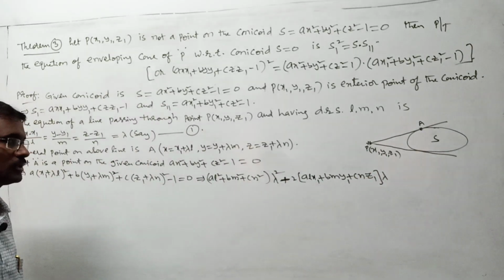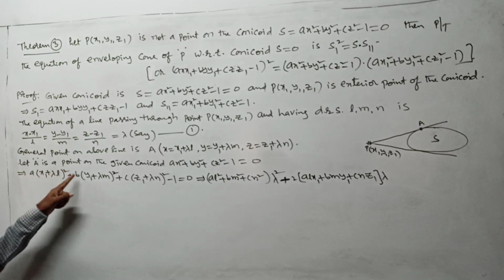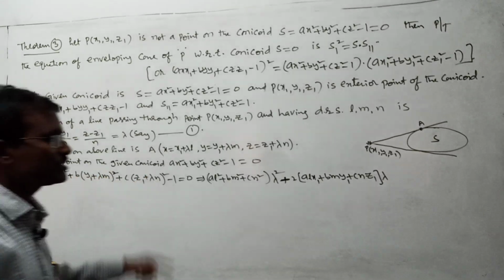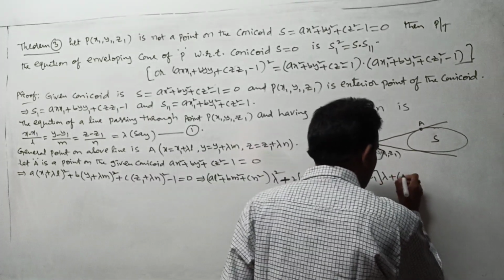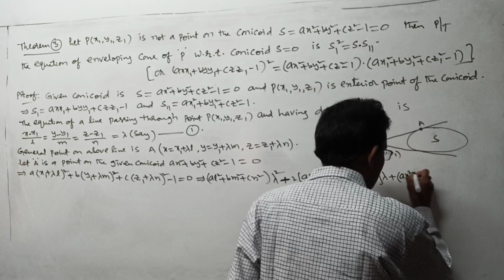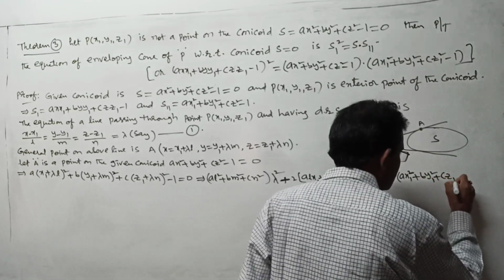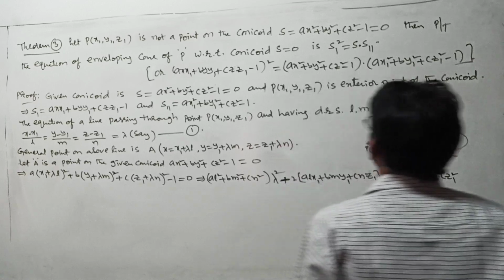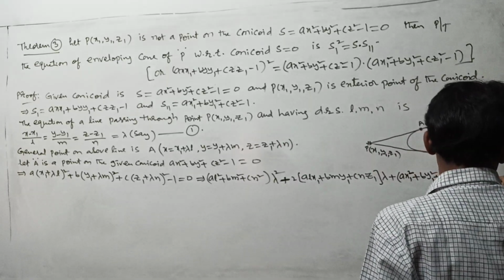Next, the term free from lambda: a x1 square plus b y1 square plus c z1 square minus 1 is equal to 0.